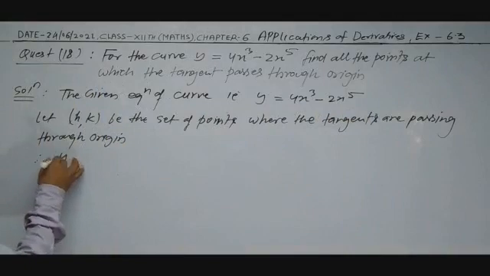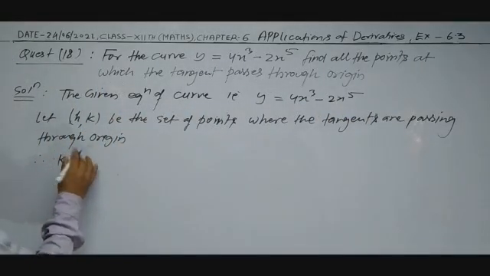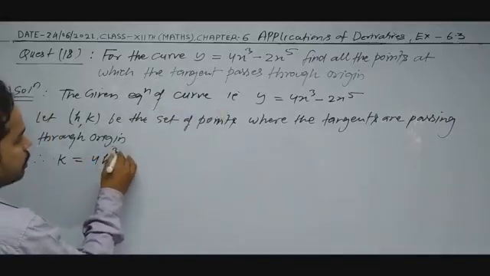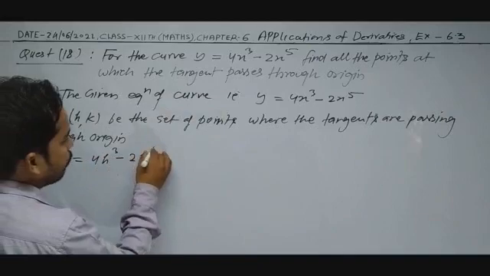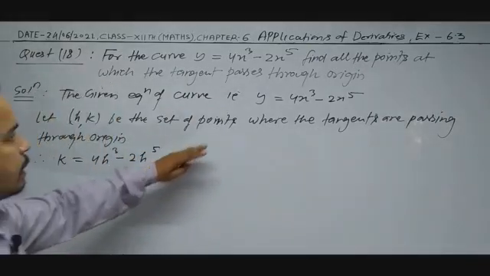Therefore, at the place of y you will put k and at the place of x you will put h. So k is equal to 4h cube minus 2h to the power 5. Consider equation 1 and differentiate the function.